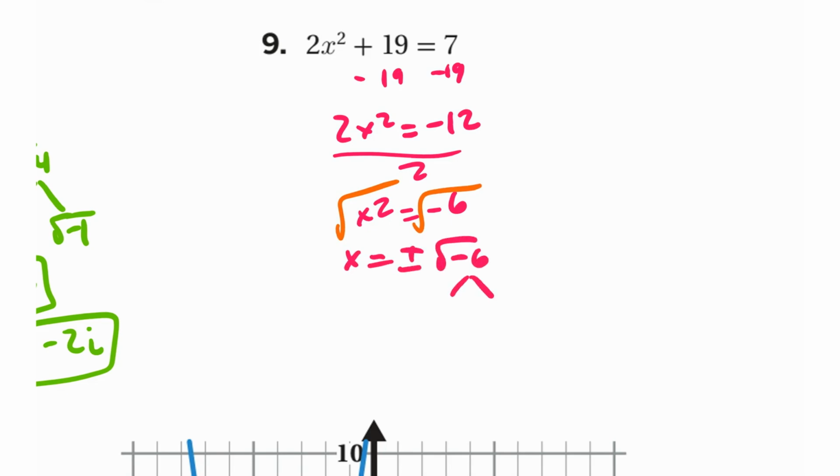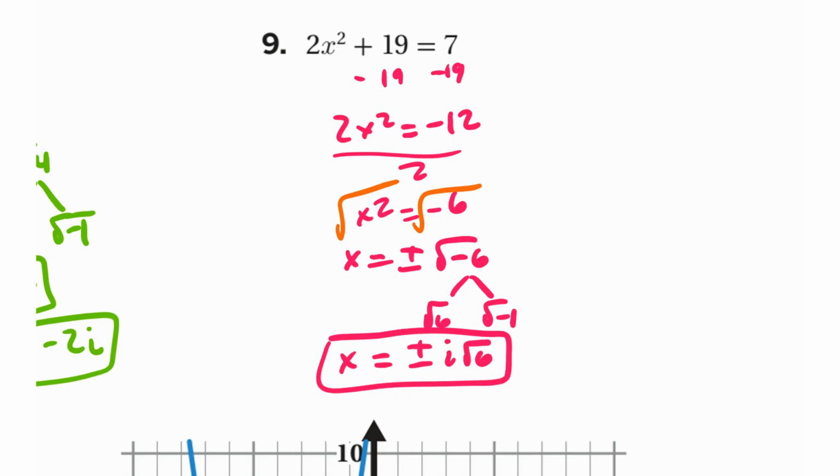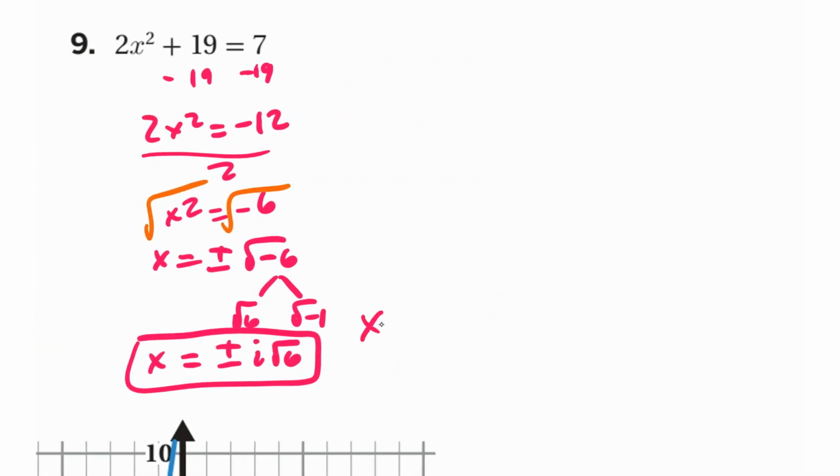This breaks up into the square root of 6 and the square root of negative 1. I cannot simplify the square root of 6, but I know the square root of negative 1 represents i. And so my two answers are x equals positive i root 6 and x equals negative i root 6.